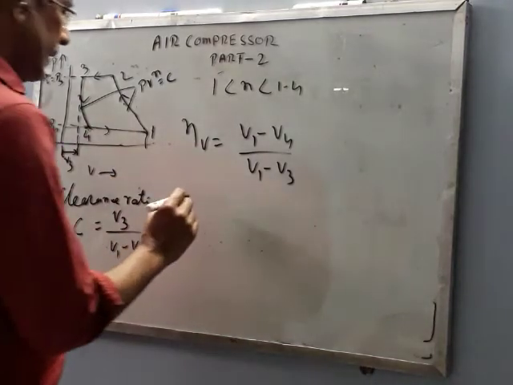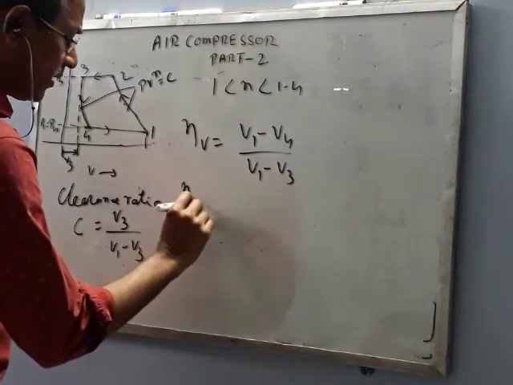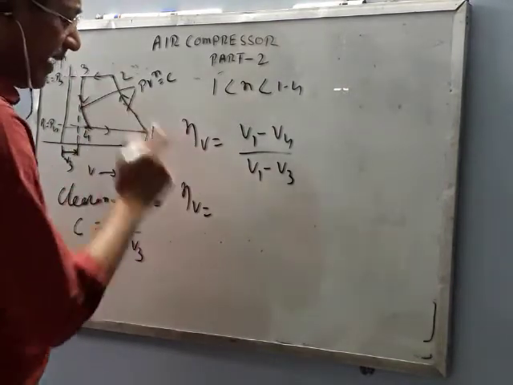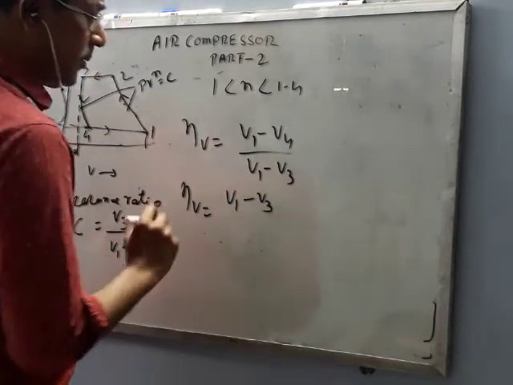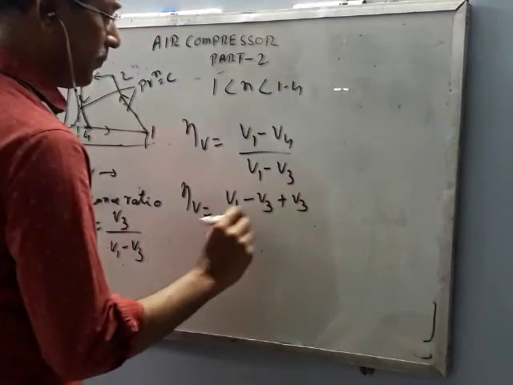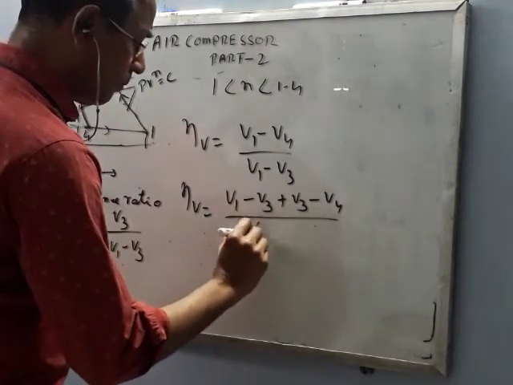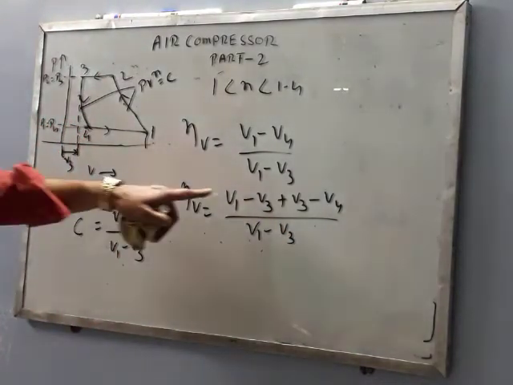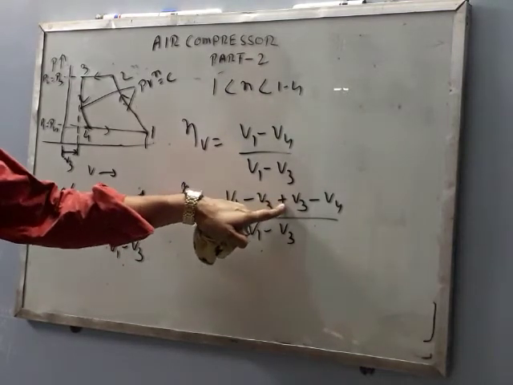Now next, eta volumetric is equal to V1 minus V3 plus V3 minus V4 divided by V1 minus V3. We subtract V3 and we add V3, so minus V3 plus V3 gives V1 minus V4.